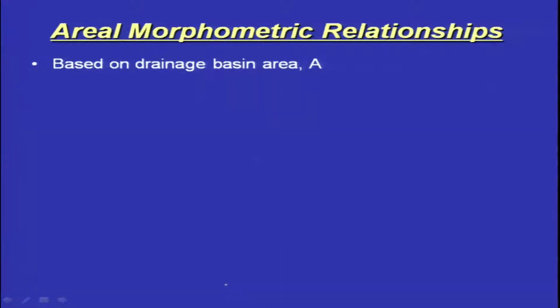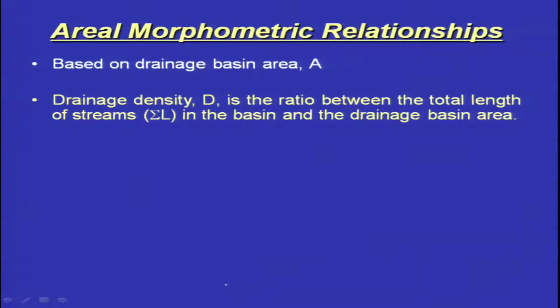Now, areal morphometric relationships: if you take, this is an extremely important one, the drainage density. Okay. Now the drainage density is considered based on the drainage basin area. Drainage density D is the ratio between the total length of the streams, so all streams you encounter within the basin, you sum up, and the drainage basin area. Okay.